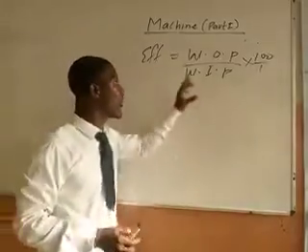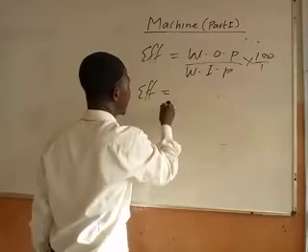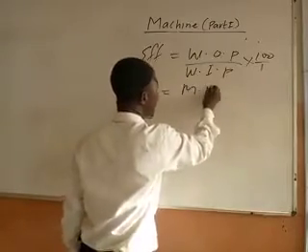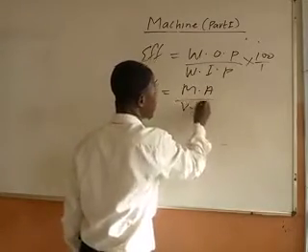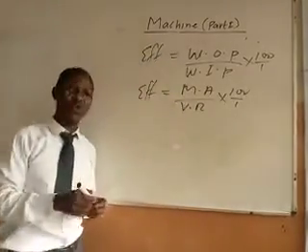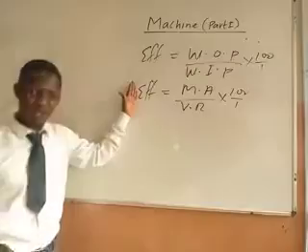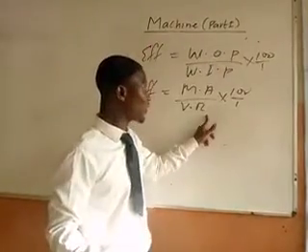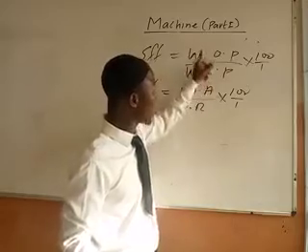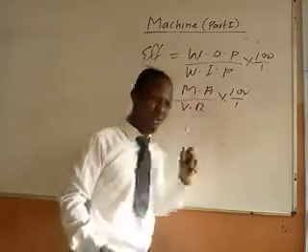Now this is not the only formula for efficiency. Efficiency has this also as a formula, that is mechanical advantage over velocity ratio multiplied by 100 over 1. If this is efficiency, this one is also efficiency. It means this one is equal to this. So work output over work input is equal to mechanical advantage over velocity ratio.